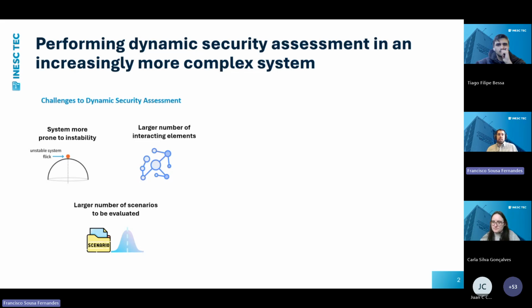And we also have a much larger number of scenarios to be evaluated, often due to the uncertainty of renewable energy sources. This means that for us to be able to say if a certain operating point is secure or insecure, or to understand better the stability of an operating point in the system, tends to be more complex.